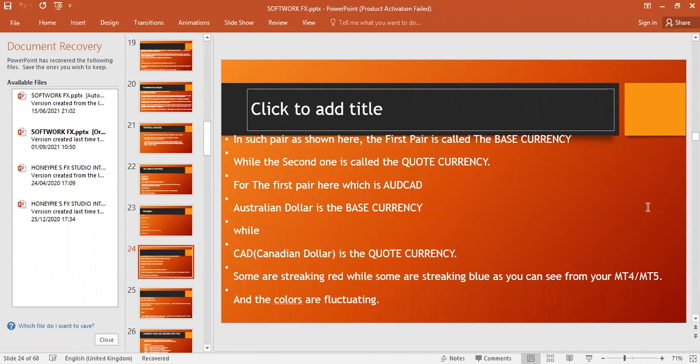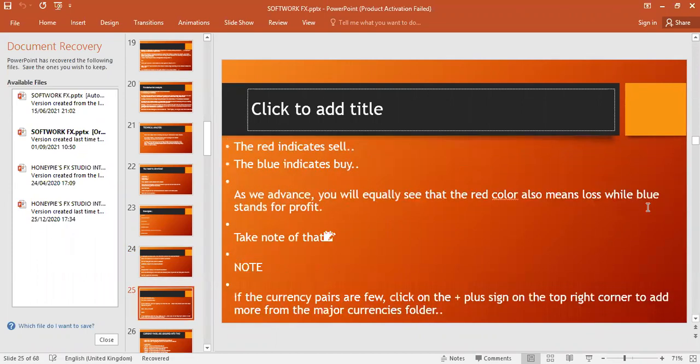For instance, in the case of AUD CAD, we have AUD as the base currency, while CAD is the quote currency. You just have to bear all this in mind. It's going to help you in your journey as a Forex trader.